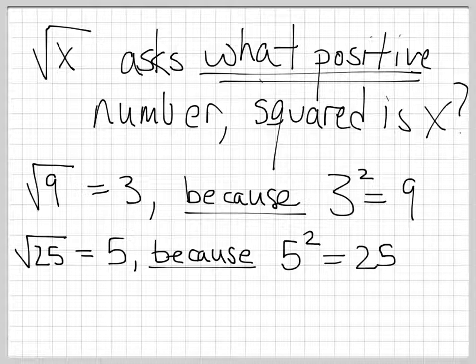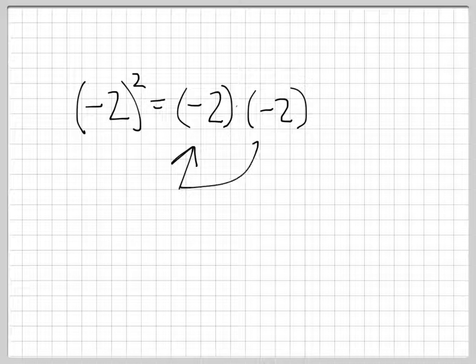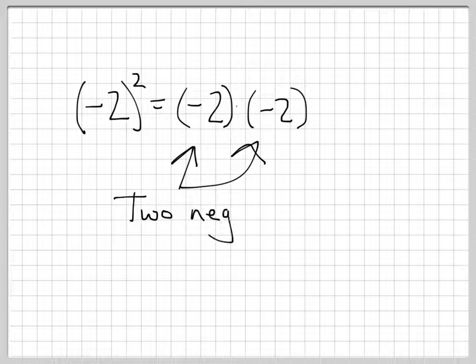And let's talk about why it's possible that there could be other answers. If you look at -2 squared, it's -2 times -2. Right? And you should remember something about 2 negatives always cancel.